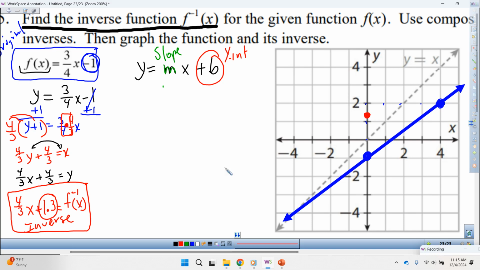And then we use the slope. What is my slope, Joseph? That means 4 steps up and 3 to the right. So from here, I need to take 4 steps up. 1, 2, 3, 4, and 3 to the right. 1, 2, 3.